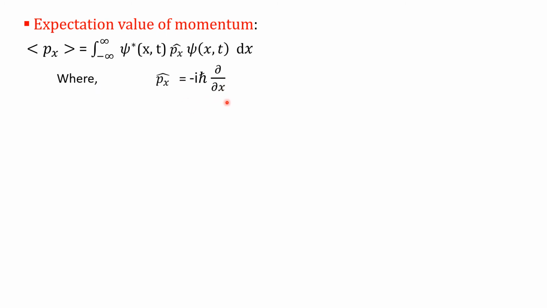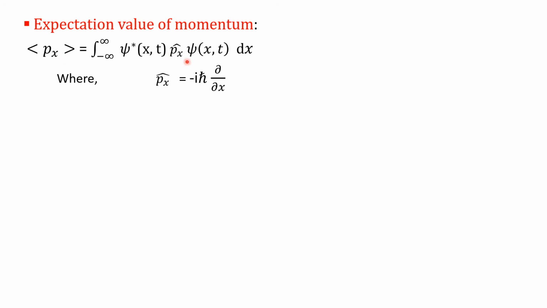To find the expectation value of the momentum, we write the x component momentum: angle bracket px is equal to the integral from minus infinity to plus infinity of psi star(x,t) px operator psi(x,t) dx, where the px operator, which we found earlier, is minus i h cross del by del x.